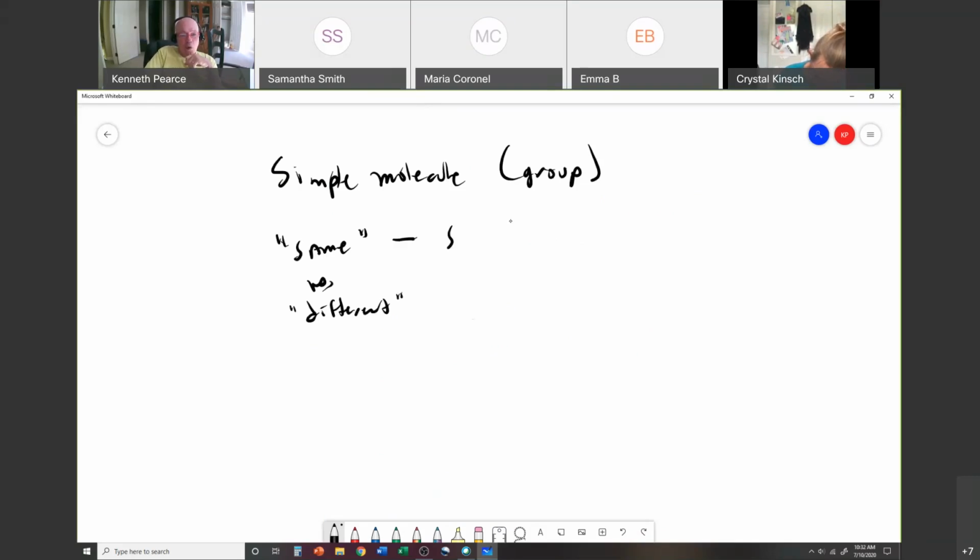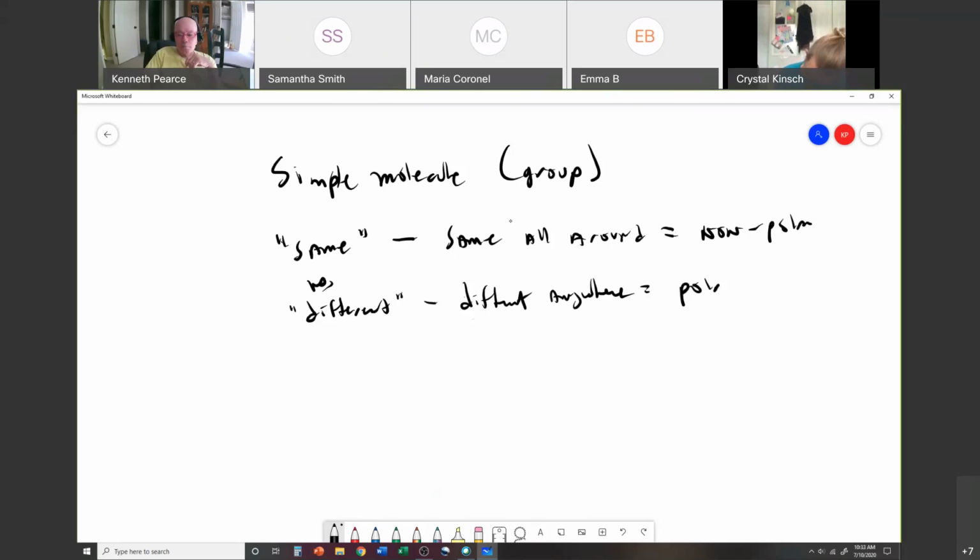If it's the same all around, then it's non-polar. And if it's different anywhere, then it's polar. Let's take a look at a couple examples here.